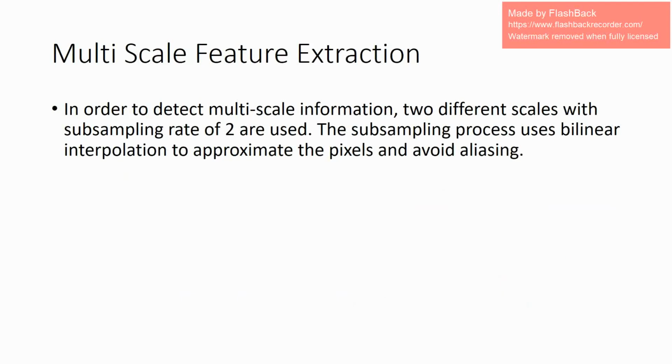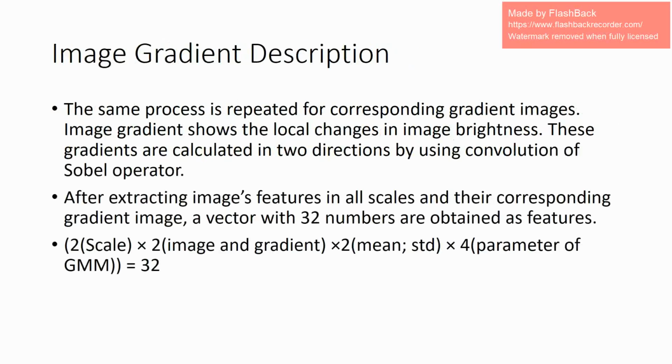In order to detect multi-scale information, two different scales with a subsampling rate of 2 are used. The subsampling process uses bilinear interpolation to approximate the pixels and avoid aliasing. Also, the same process is repeated for the corresponding gradient images.